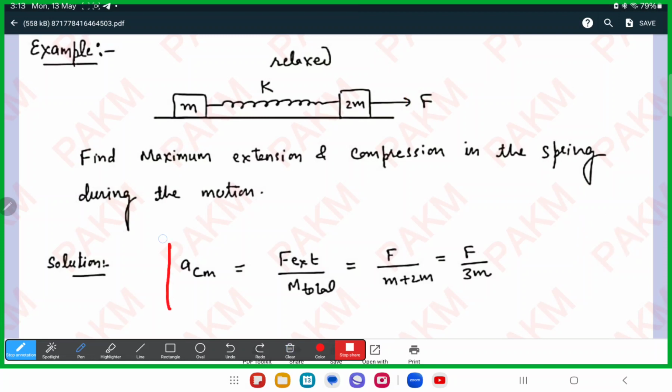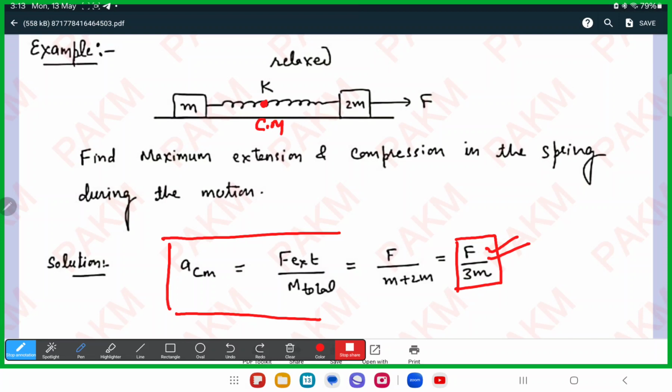The common acceleration is F external upon M total, so it would be F upon 3M. This is the common acceleration of the center of mass.